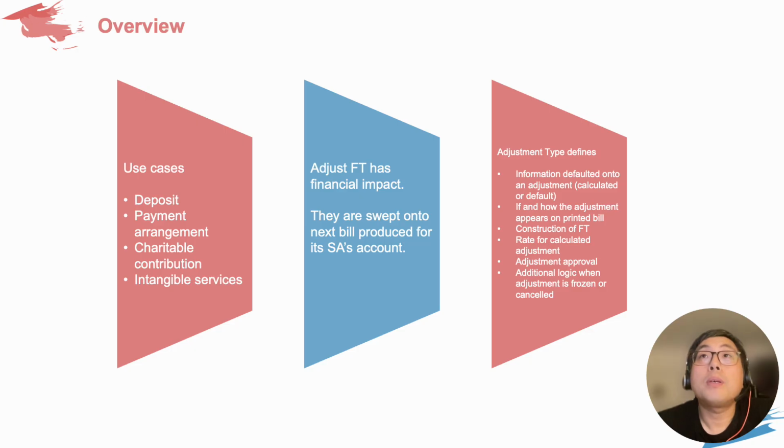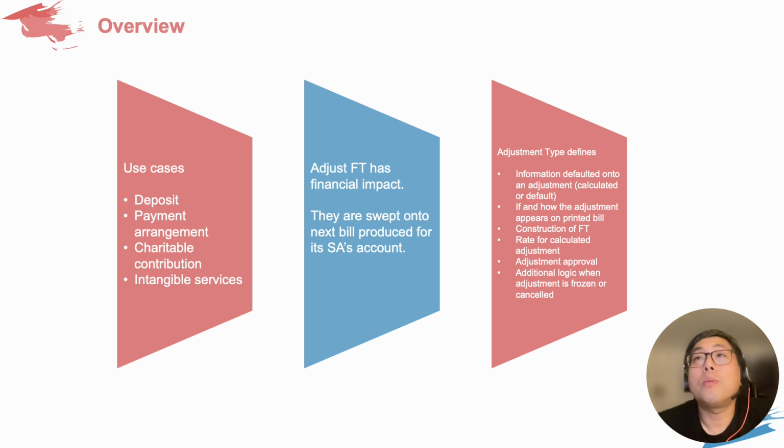Adjustment type. We will talk about adjustment type in one of the chapters later, but I want to emphasize this is quite an important topic in adjustment, similar to SA. We use SA everywhere, but literally a lot of the behaviors are controlled by SA type. So adjustment type is something similar.